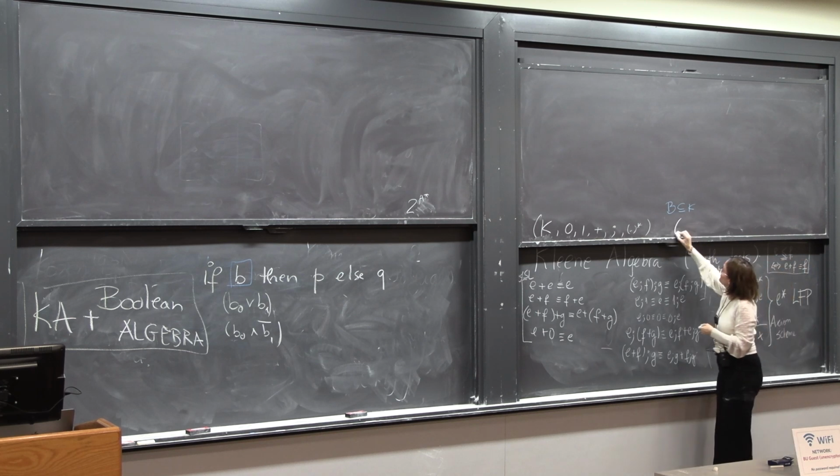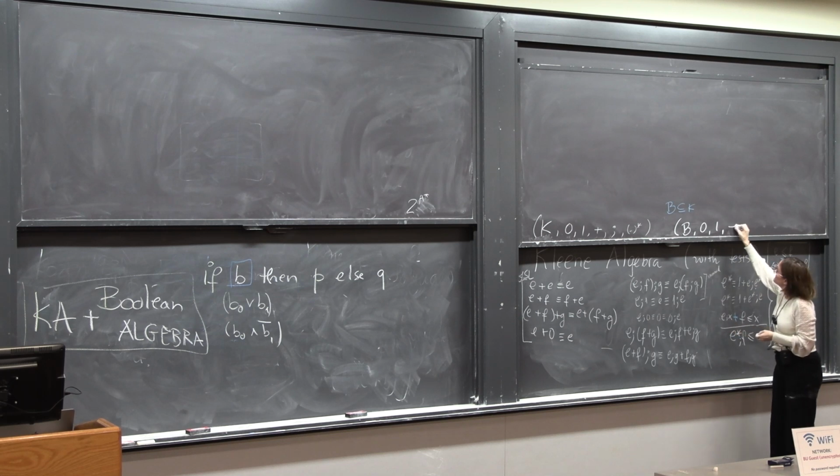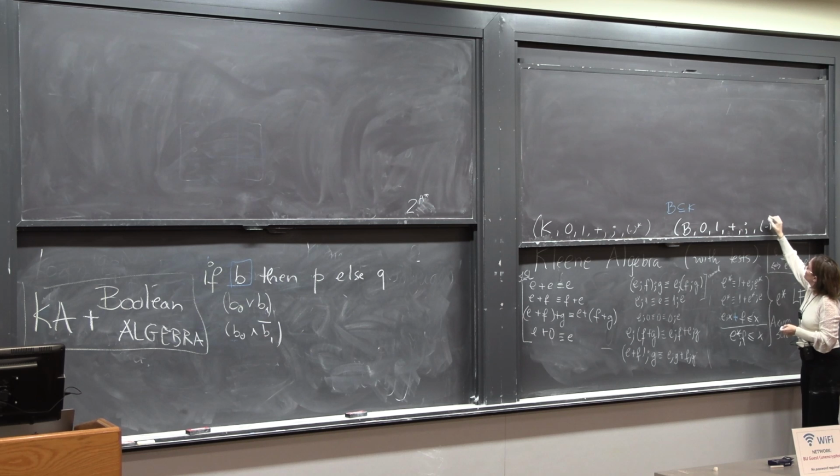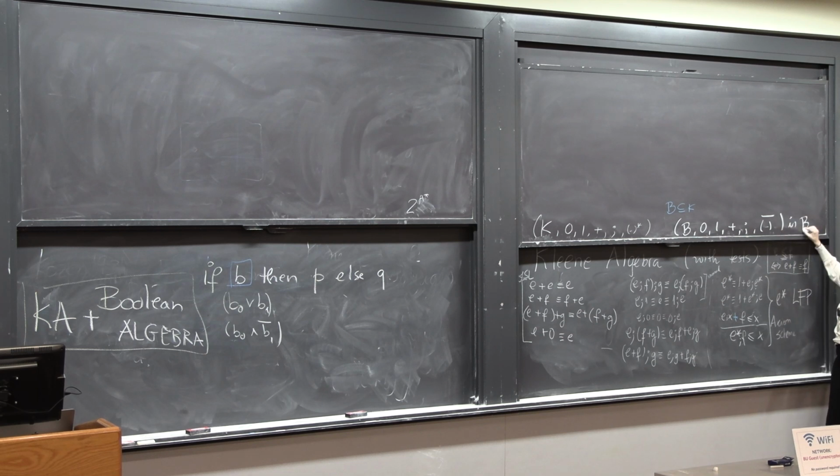And this special friend B is so special that if I use the same operations as the Kleene algebra, except star, and I somehow magically, inside B, have this other operation, which I'm calling bar, this subset of K is a Boolean algebra.